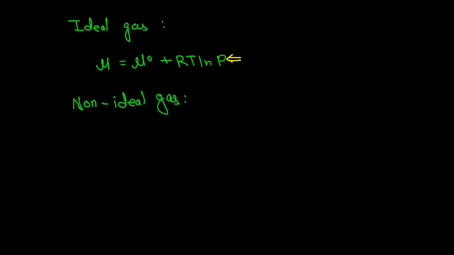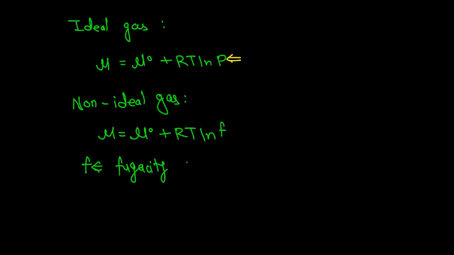Okay, and therefore I want something simpler, and for that I propose the concept of fugacity, and I keep the form of the equation same, μ equals μ⁰ plus RT, and now instead of P I propose a quantity known as f, where f is the fugacity of the gas.